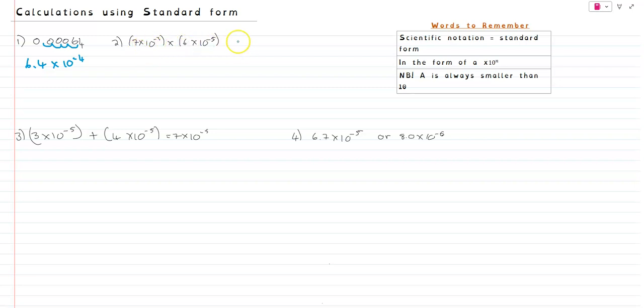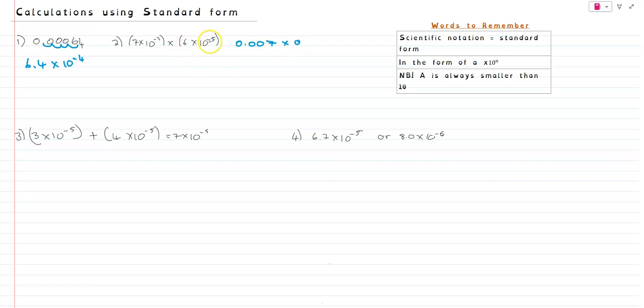One is you can change the numbers into normal writing or into standard notation. So when you have this, it is a negative number, so we're changing it to a 0 point. How many times do we jump? 3, and then we get to 7. So 1, 2, 3. There are 3 jumps. Then we have multiplied by, this is also a negative number, so we start with a 0.